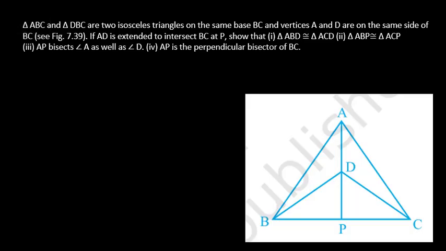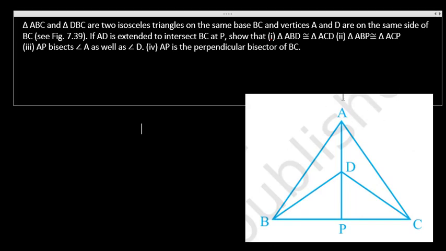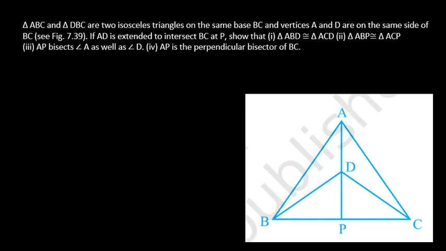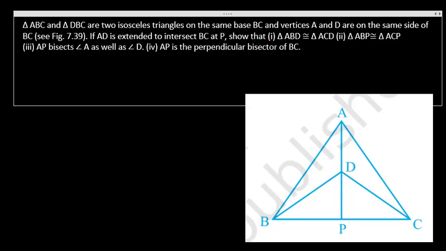So first problem, I think this is our exercise 7.3. Triangle ABC and DBC are two isosceles triangles on the same base BC, and vertices A and D are on the same side of BC as shown in diagram.